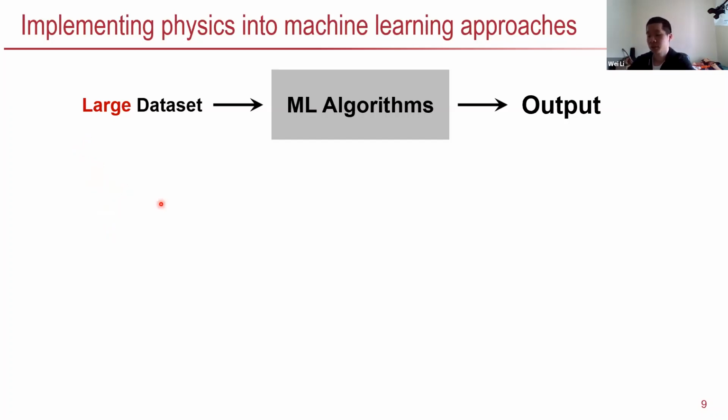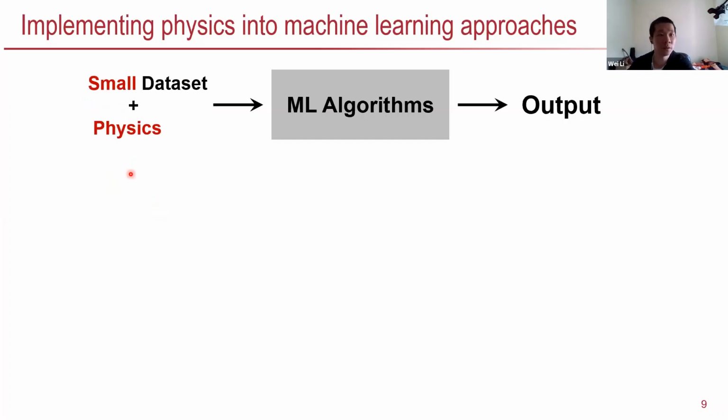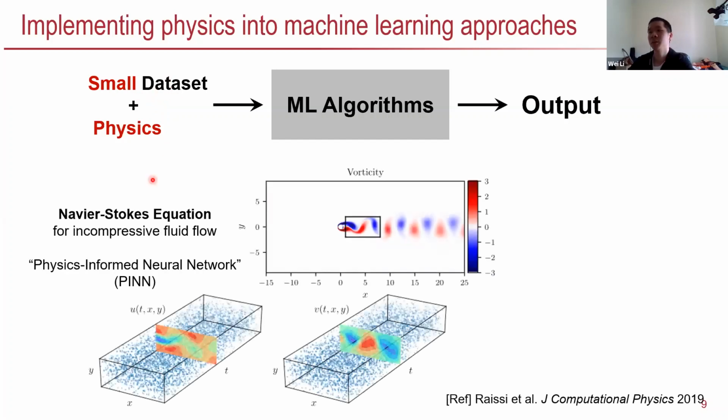So people are thinking maybe we can introduce some physics into this framework, so we don't need that much data. This is one of the pioneering works in this area by Raissi et al. They try to solve the Stokes equation with what they call a physics-informed neural network.